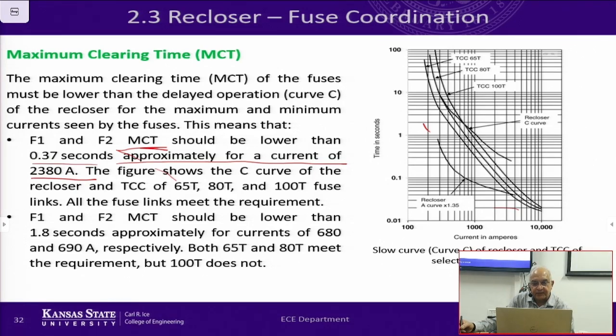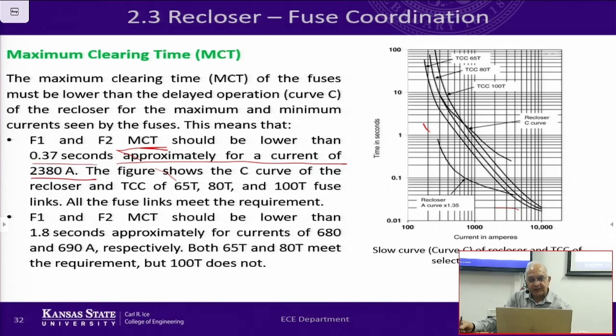But when we come to the lower end of this, what we find is that at F1 and F2, which is 690, right here, 100, 300, 400, 500, 600, 700, 65 and 80 are okay. 100 is too high, and it's going to interfere with the slow curve of the recloser.